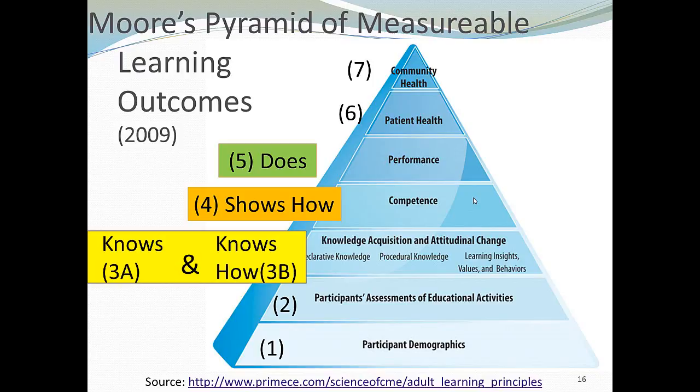And then level 6 is the patient health. Did you actually improve health, quality of life, prevent disease or sickness or injury? Level 7 is the patient health across a broader group, community health, and community can be either bounded by a demographic sense of Nassau County, or it can be a community of diagnosis.